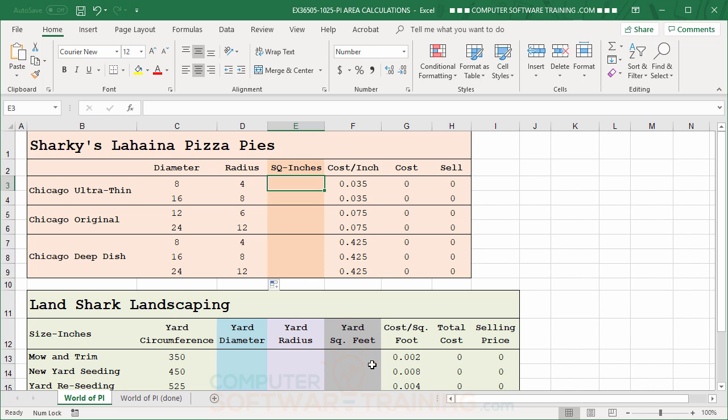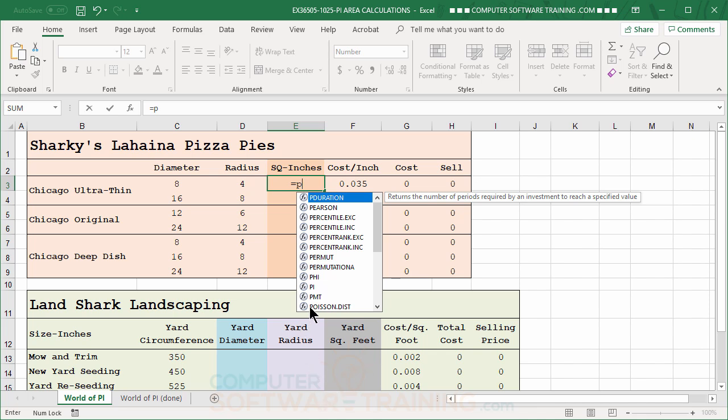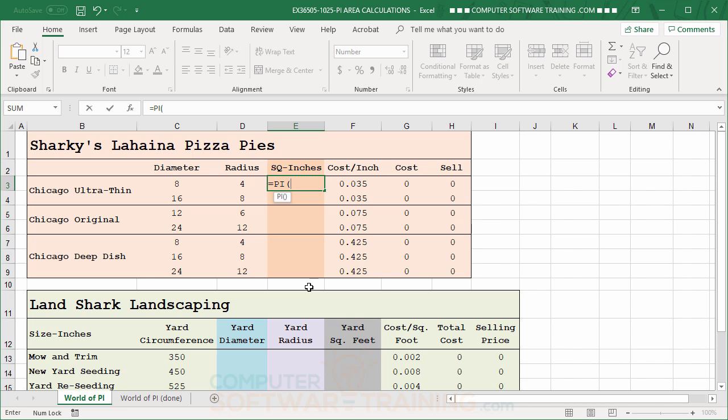So anyway, what we'll do is type in equal, type in the letter P. You'll see PI down below here. We'll double click onto that. And because nothing goes in PI, just like with the other features we ran into earlier with dates and so forth, nothing goes in there, right?